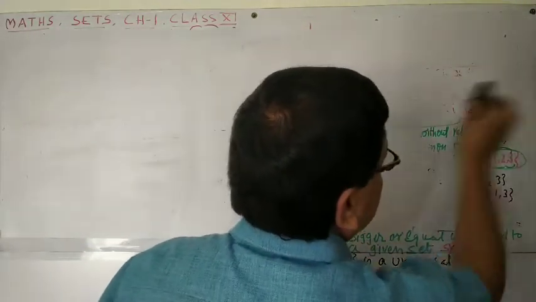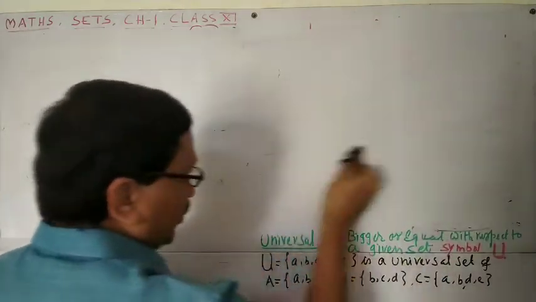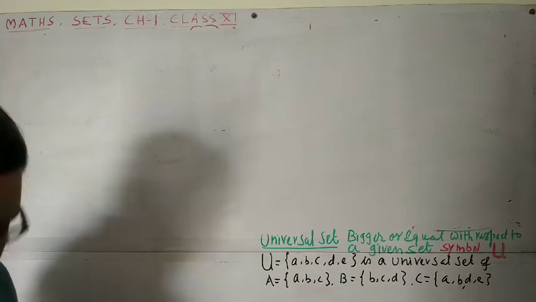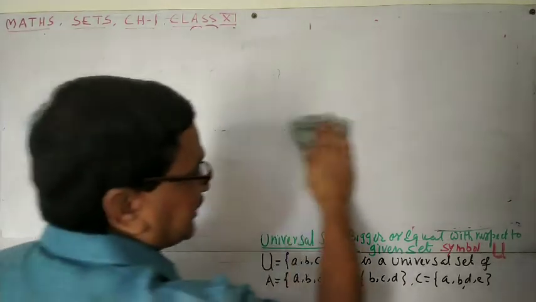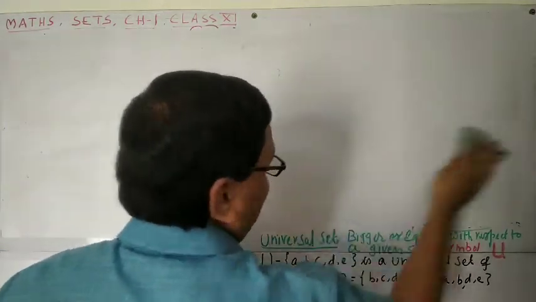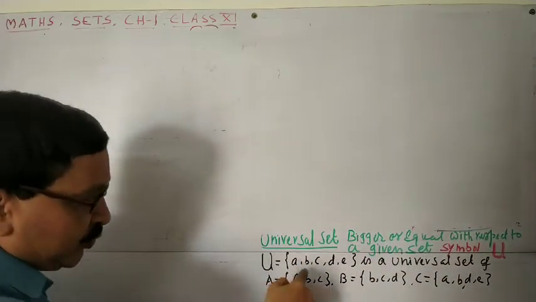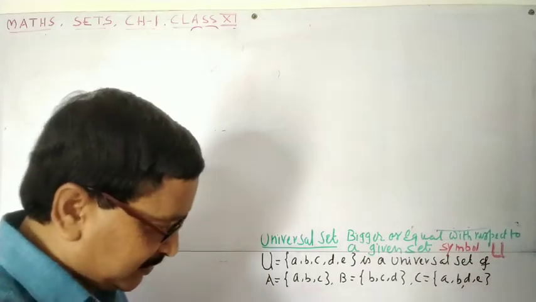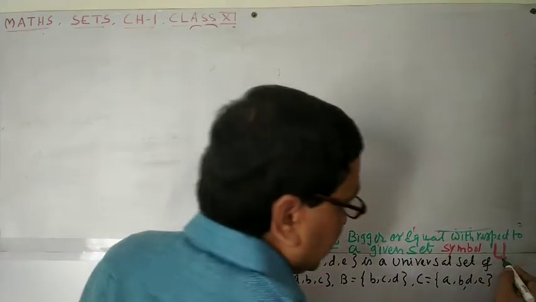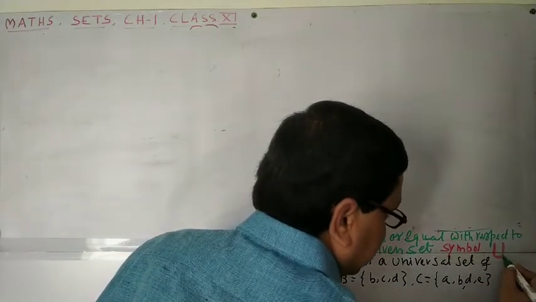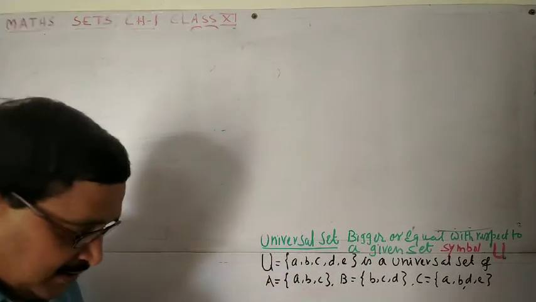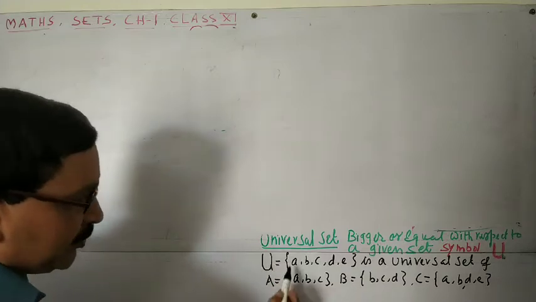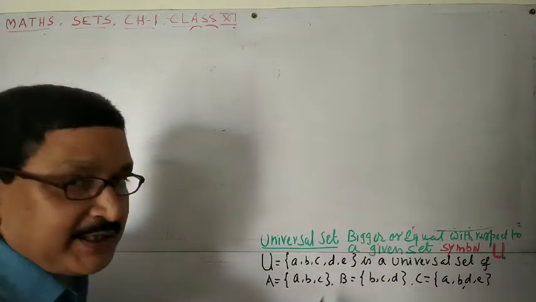Now move towards one more thing, the universal set. The bigger set is called the universal set with respect to the given sets. For example, on the whiteboard, it is symbolized by capital U, dark U with this type of tail. See this symbol, universal set U = {A, B, C, D, E}.